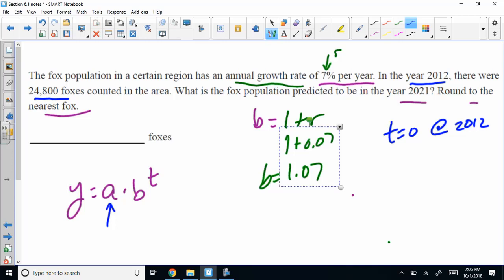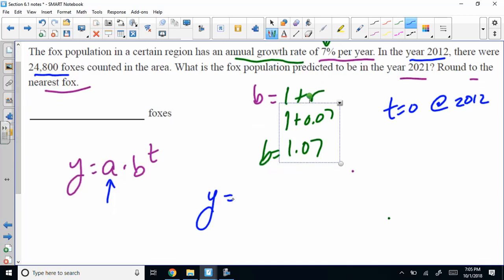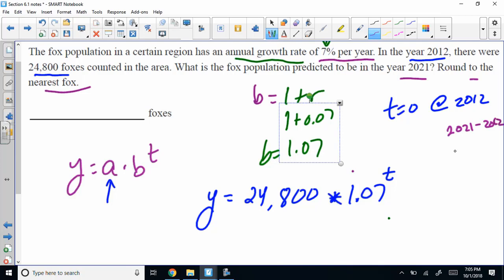So what we have is this. We have Y equals 24,800 foxes, right, times 1.07 raised to the T. Now that T, guys, is going to be 2021 minus 2012, which is what? 9. So I'm going to replace T with 9, right? So let's figure out how many foxes we have.